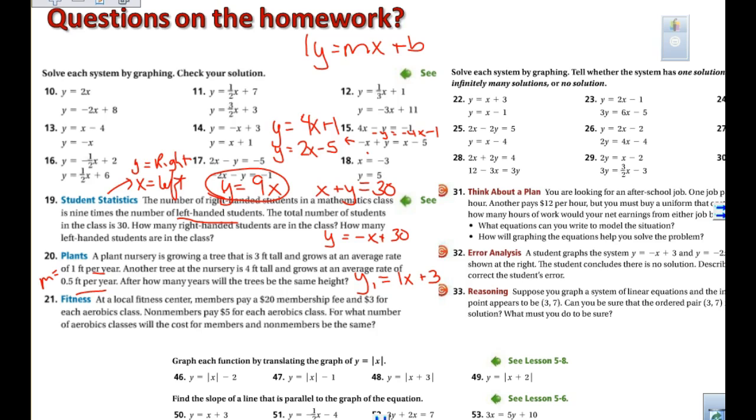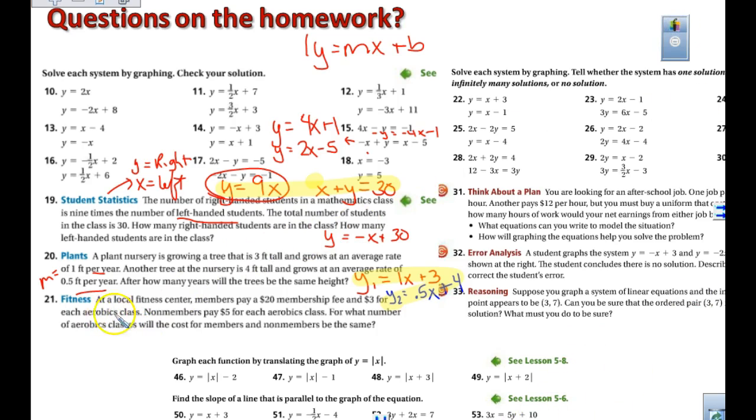Well, the second tree started out at 4 feet tall, so y sub 2, and this tree is growing at a half a foot a year, so 0.5x plus 4. So I should have those two equations. So again, when I'm looking at your paper, I'm going to see you have these two equations. If you tried to graph them, awesome. If not, we're going to use our graphing calculator and do that today.